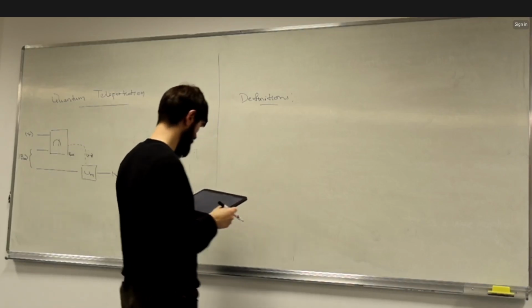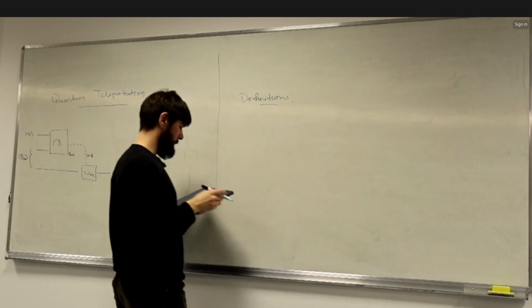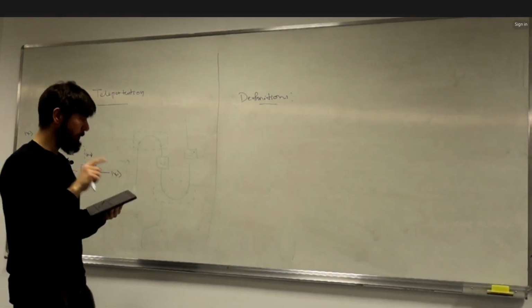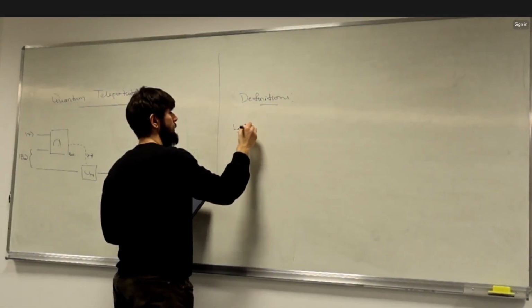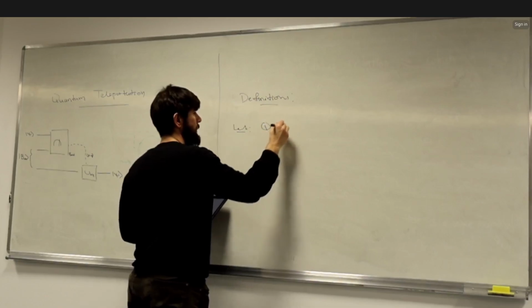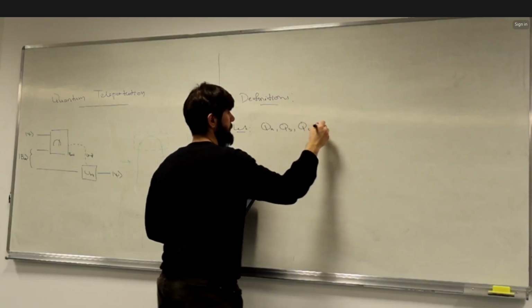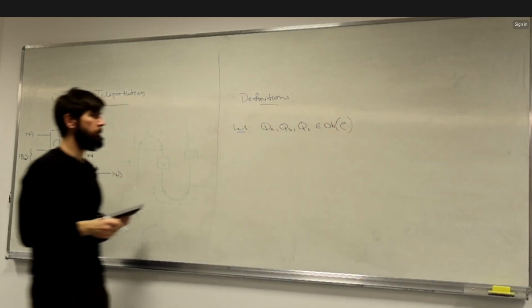And so I'm going to have 3 different Qs here. Let's think about this for a second. QA, QB, QC, objects in our category.